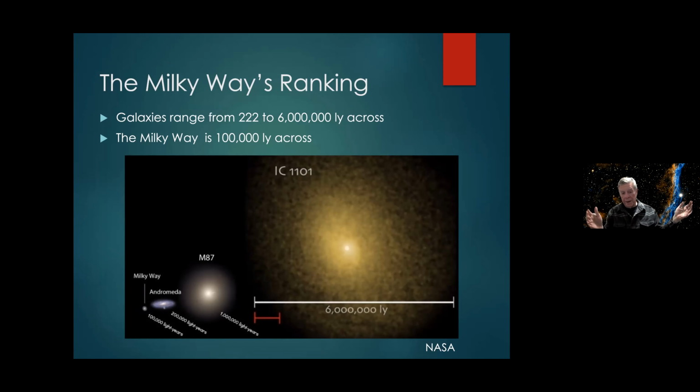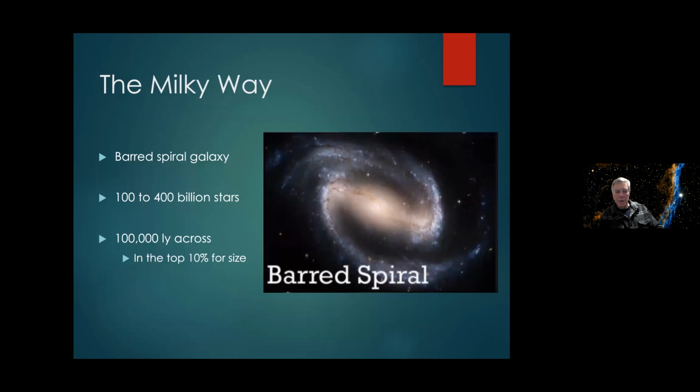There's our M87, which has made all that news, and we've imaged its central black hole. It's 1 million light years across. And Andromeda is about twice the size of the Milky Way. So here we are. Even though it looks like we're on the smaller side, we are still in about the top 10% of galaxy sizes.